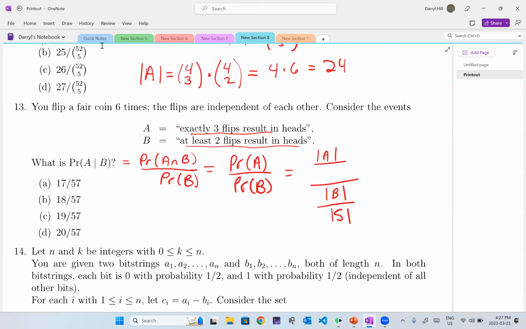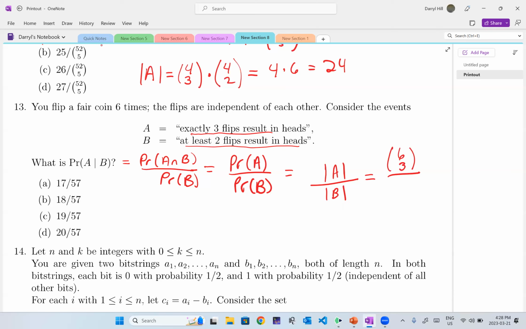The sample spaces will cancel out, so we're left with the size of A over the size of B. Okay, so the size of A, exactly 3 out of 6 flips result in heads. Well, we already figured that out. That's 6 choose 3, right? I simply choose 3 of those coins.